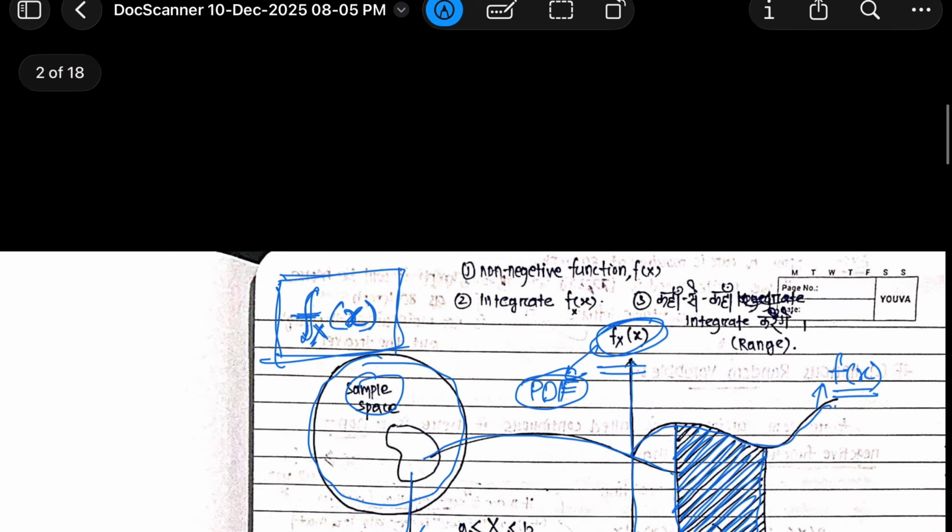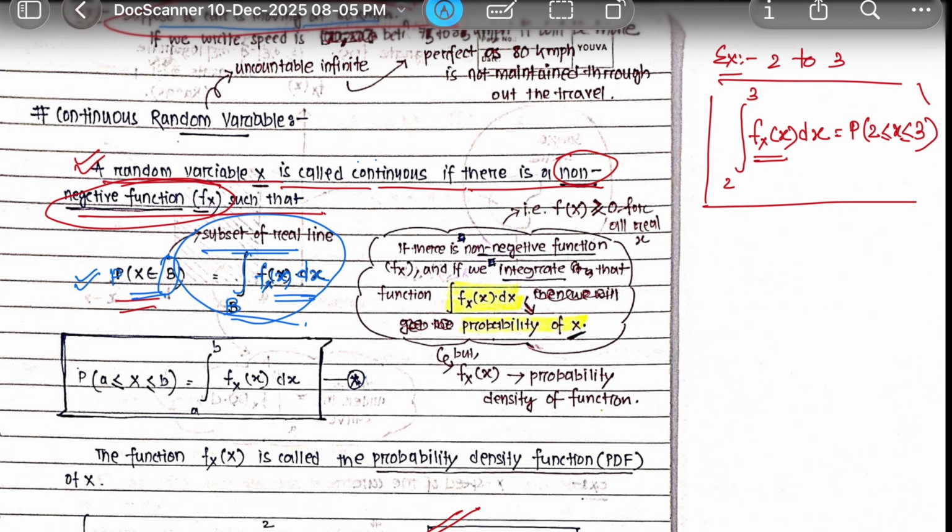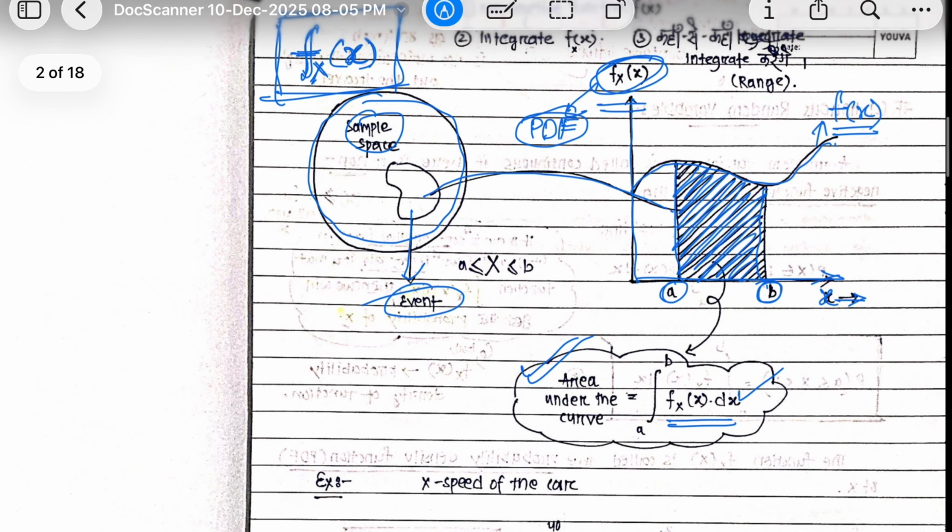Okay, so moving on to the previous page. Here I have discussed why we're doing integration, and moving on to the page again, property 1 of PDF is non-negativity.